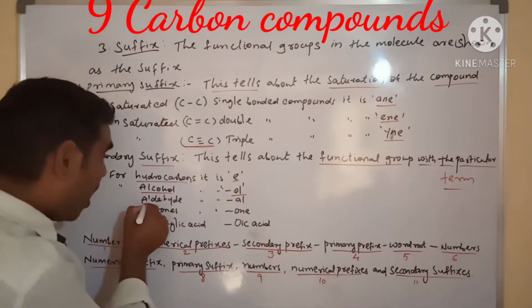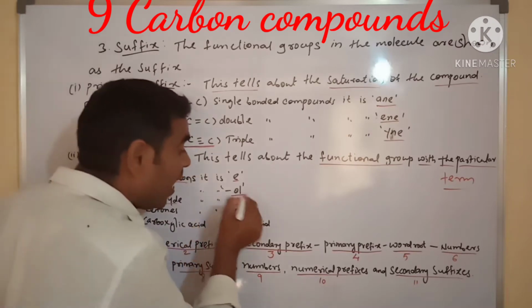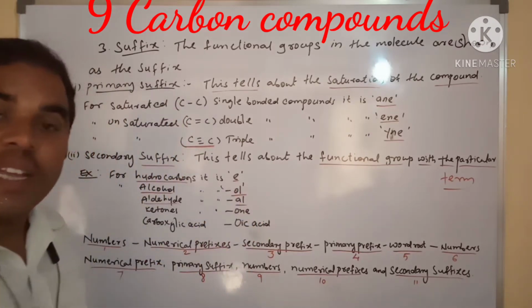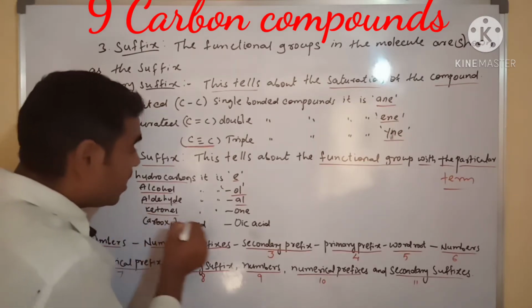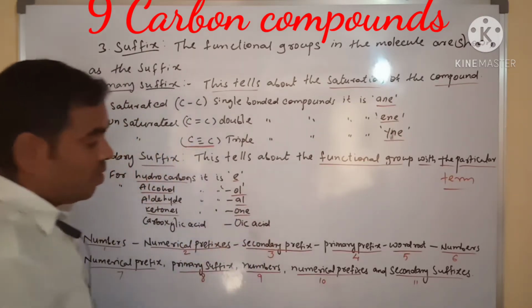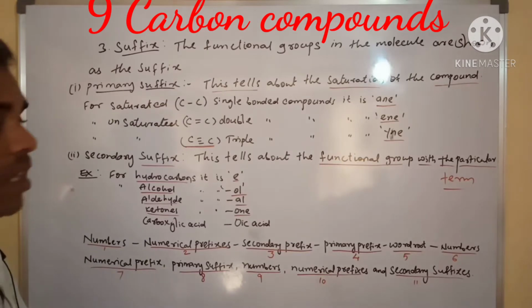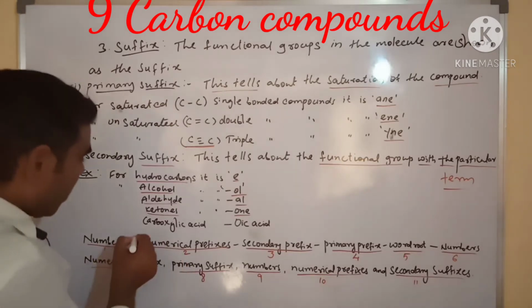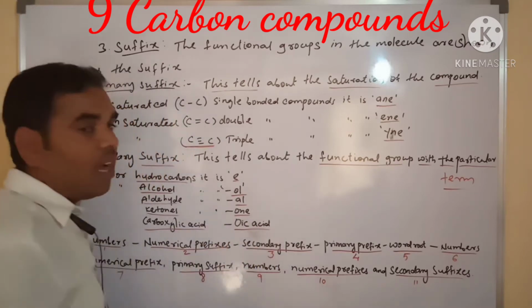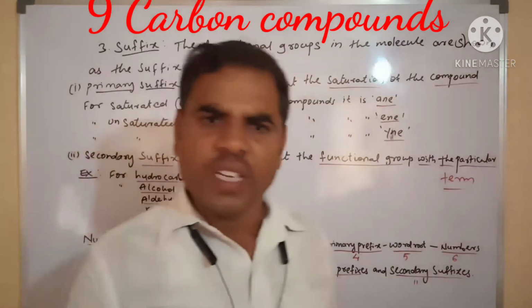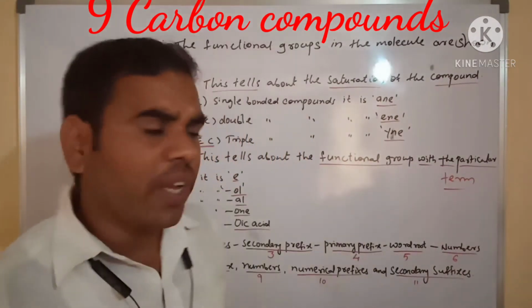For example, aldehyde is al, A-L. Next, ketones is one. Ketone. Next, carboxylic acid, we have to write oic acid. Is it clear now? Okay.